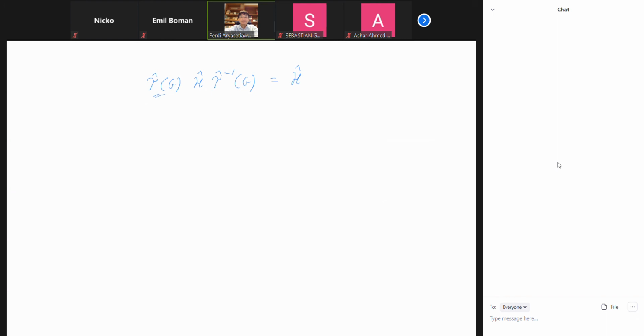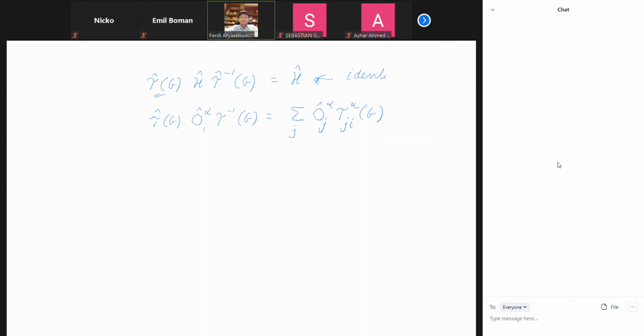Then if we compare this with a more general definition of the irreducible set of operators, we recognize that the representation corresponding to this Hamiltonian is just the identity representation.